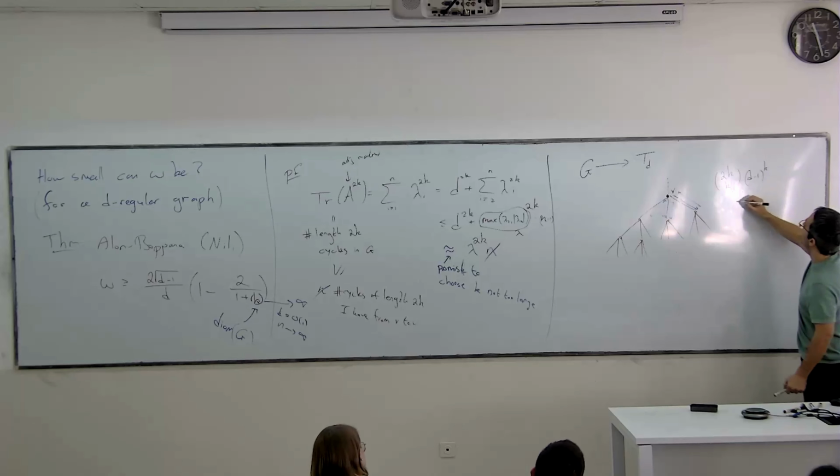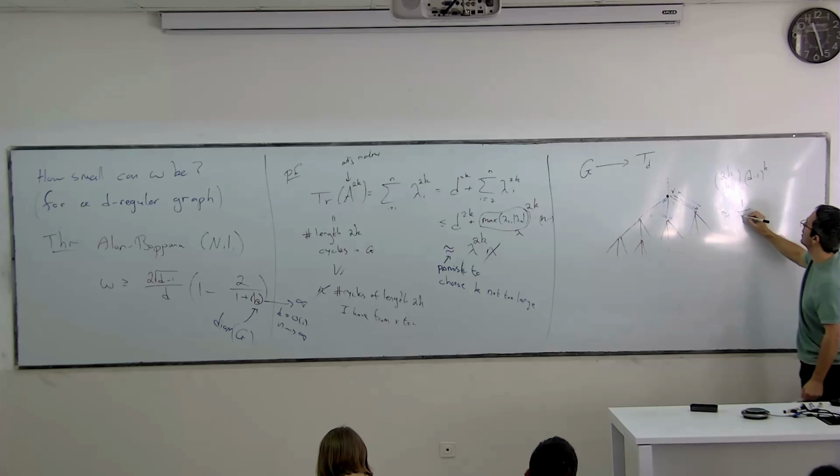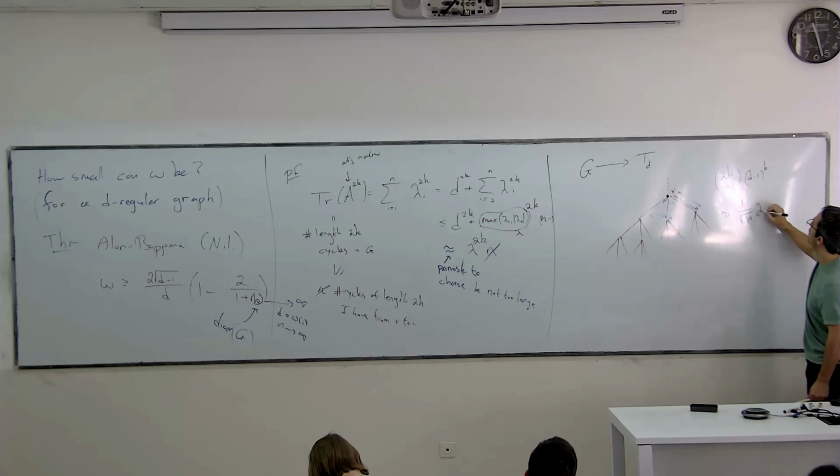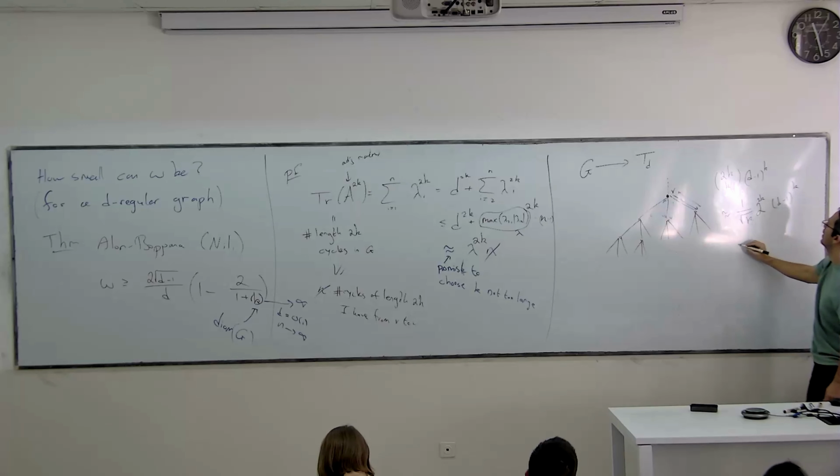And this is roughly, if you know your things, square root of k times 2 to the 2k times d minus 1 to the k. That's something that I don't really mind, times, you see, 2 square root of d minus 1 to the k.